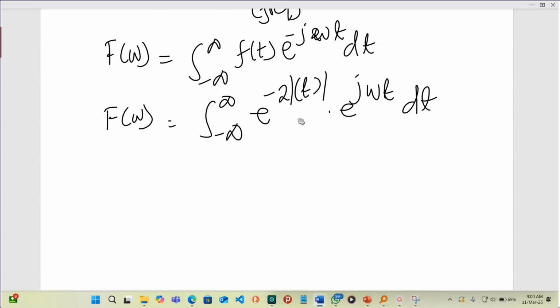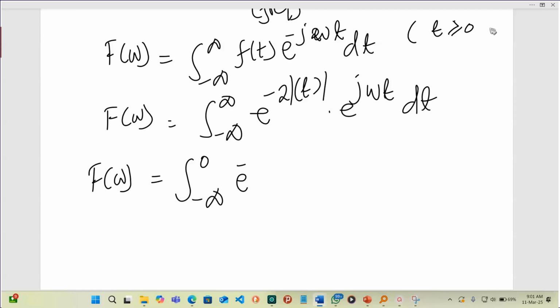for that matter, we are going to integrate this F of omega, or the Fourier transform, from negative infinity to 0. Then we have to integrate this negative. Remember, when t is greater than or equal to 0, then t is positive.